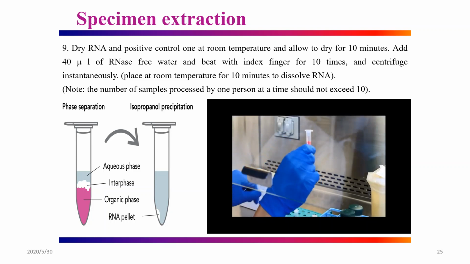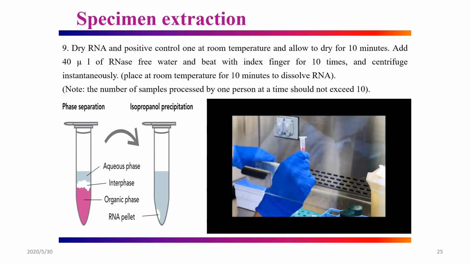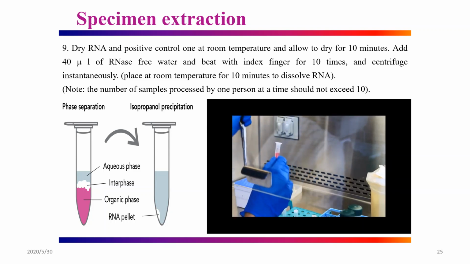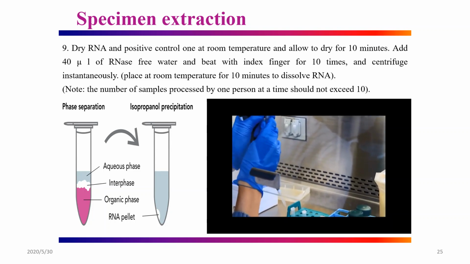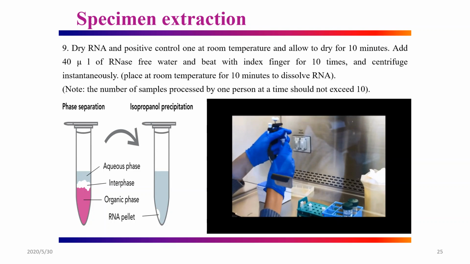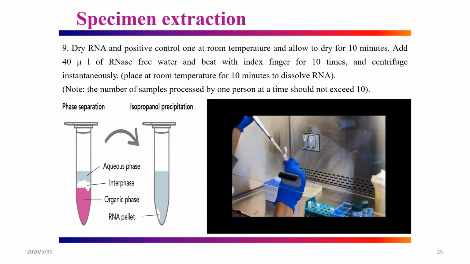By the end of the centrifugation, you should be able to see an upper colorless aqueous phase, an interphase, and a lower red organic phase. The RNA in the aqueous layer is carefully removed and transferred to a new tube.